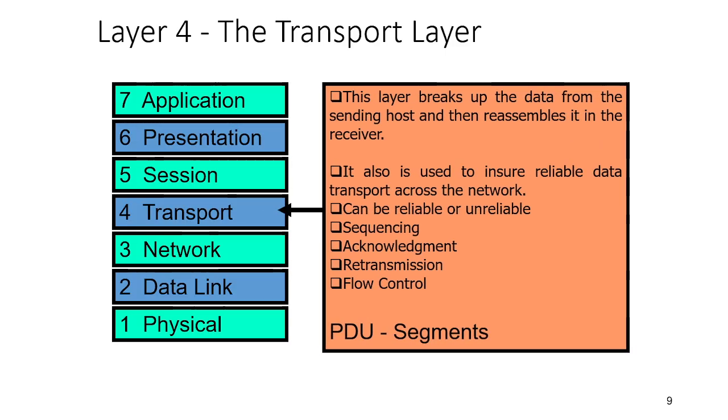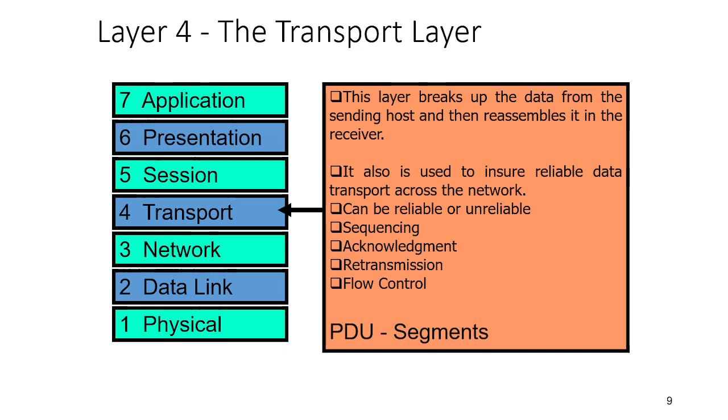Next layer is the transport layer. This layer ensures reliable data transfer between systems. It breaks up the data from the sending host and reassembles it at the receiver. It is also used to ensure reliable data transport across the network, which can be reliable or unreliable, with sequencing, acknowledgement, retransmission, and flow control.